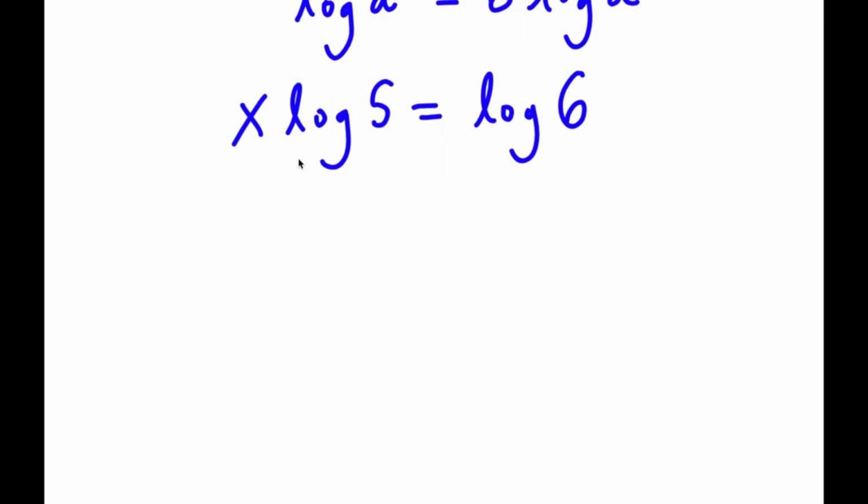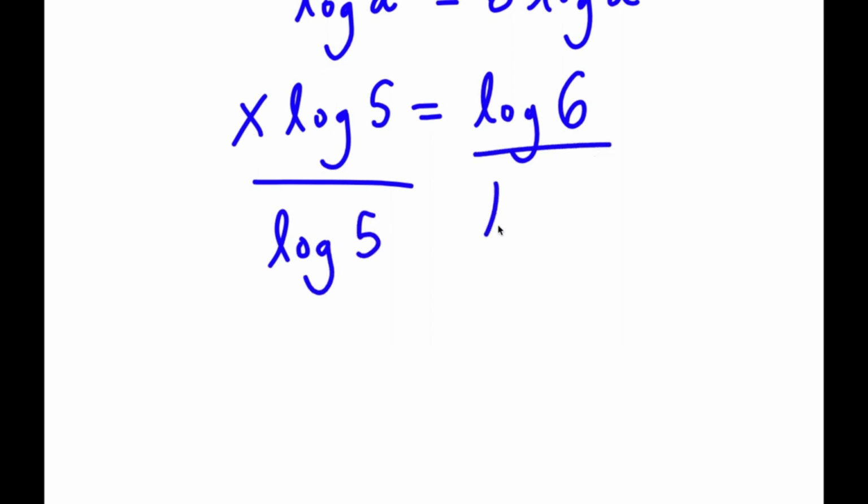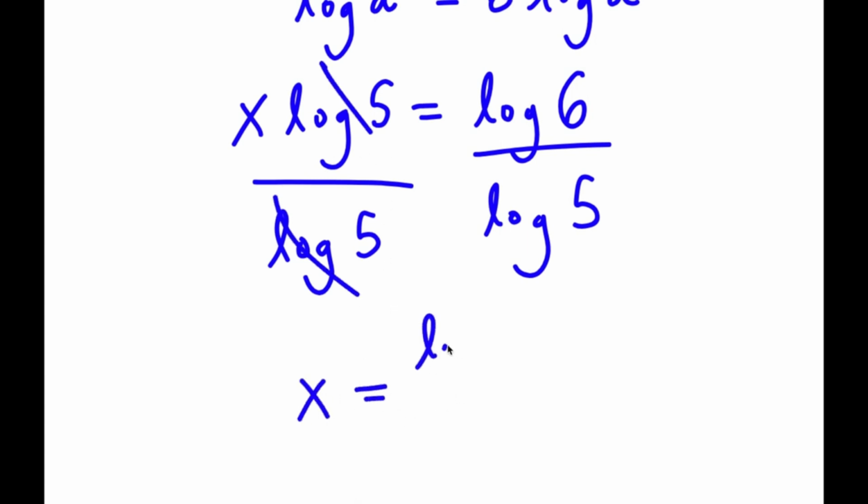Now, if I divide both sides by log 5, these two cancel out, and I get x is equal to log 6 over log 5.